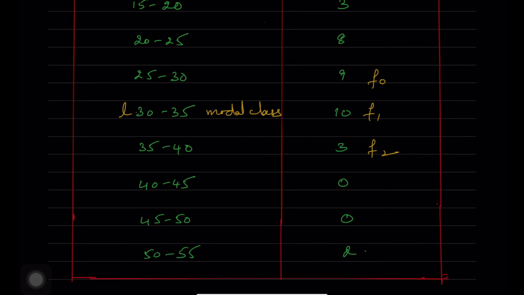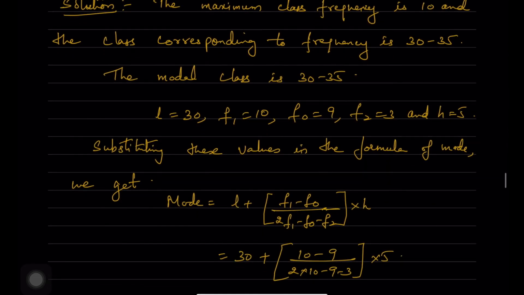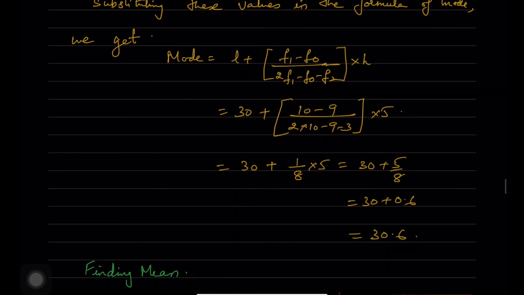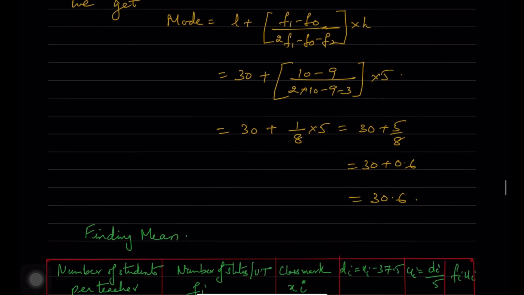So L is equal to 30, F1 is 10, F0 is 9, F2 is 3 and H is equal to 5. Substituting the values in the formula of the mode, we finally get 30 plus 1 by 8 into 5, which is 30 plus 5 by 8, that is 30 plus 0.6, which is 30.6.